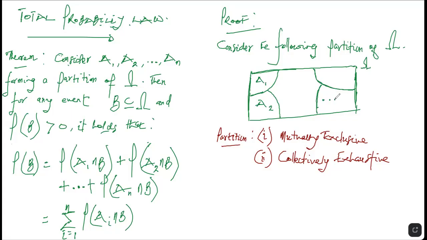I can make several partitions. So let me just use the ellipsis because it goes on and on, all the way up to, let's say, our AN.